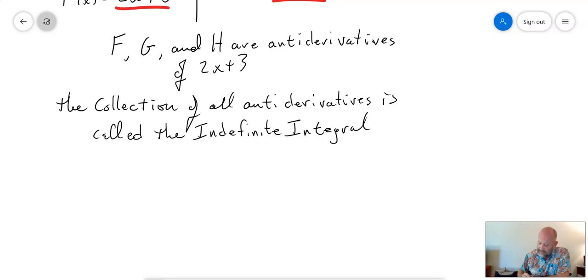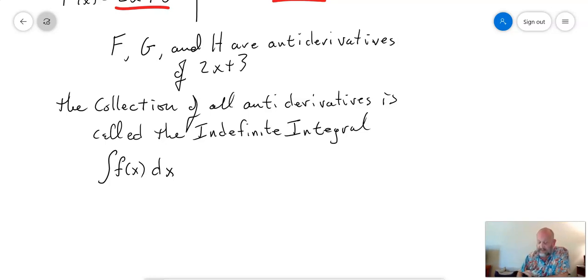Right? Now, here's how this ends up working. The way we note the indefinite integral is this particular sign. If I want to find an antiderivative of f of x, this is the notation we use. It's the integral of f of x dx. And that dx starts to make more sense later on. We have some definitions to talk about in something called a Riemann sum that will define that dx.